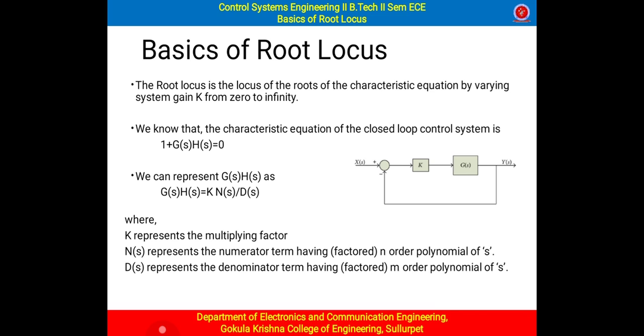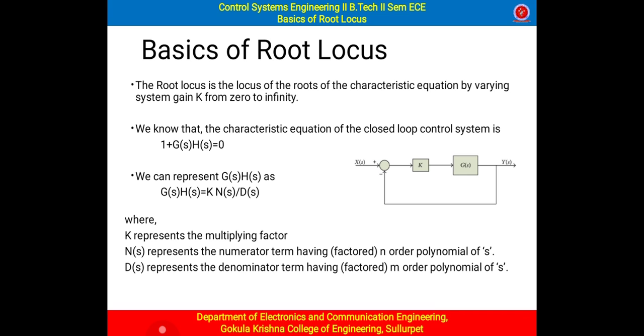So we can take K as gain. We are trying to vary this K from 0 to infinity. At that time what will happen to the poles? The value of the poles changes, and we are trying to plot the path of those poles. This is what a root locus is.